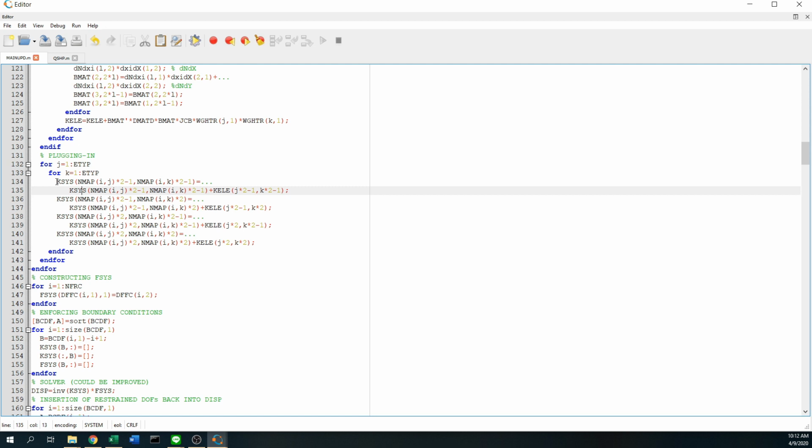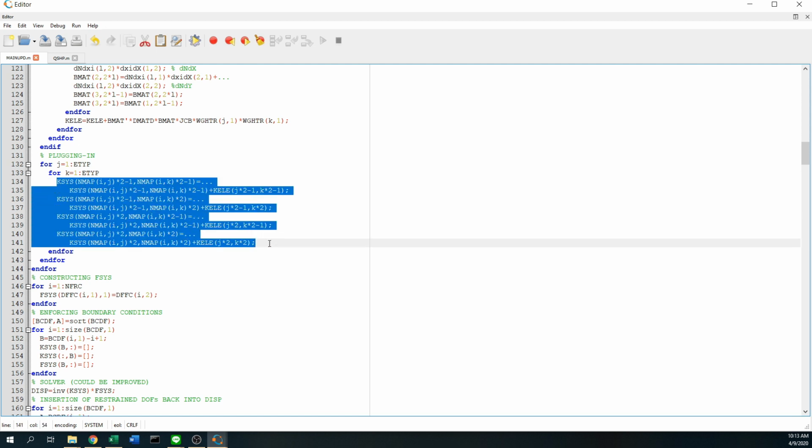Now one node accommodates 3 degrees of freedom. So if you go with the nested loop from J from 1 to element type, from K from 1 to element type, what's inside here has to be the 9 entries, because you have 3 DOF in rows and 3 in columns. That makes the 9. So this thing in here shall be adjusted to 9, right?